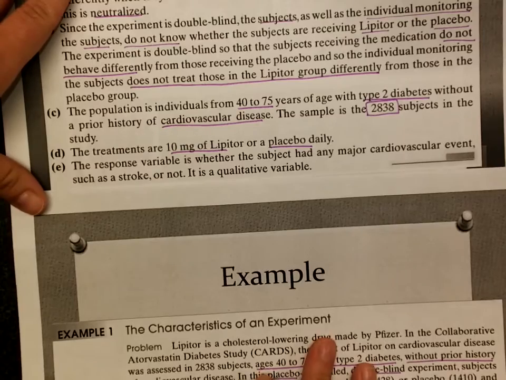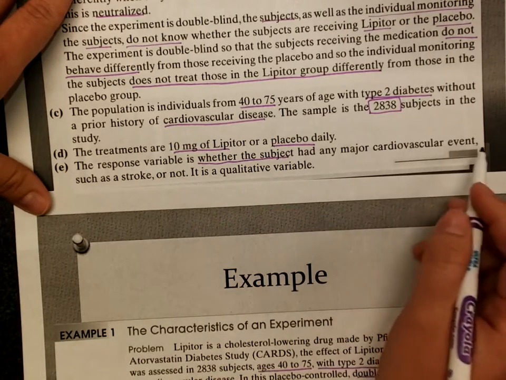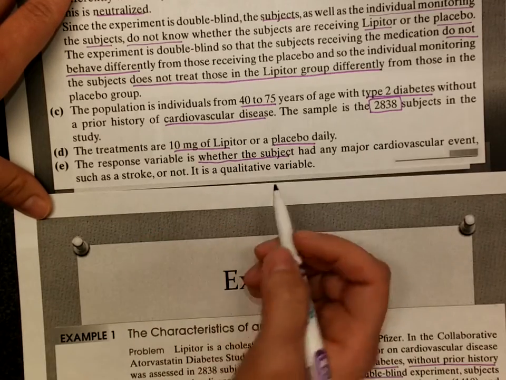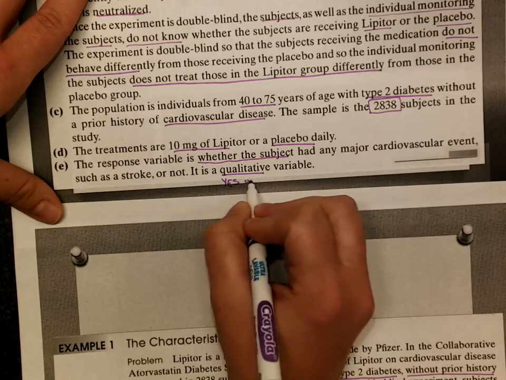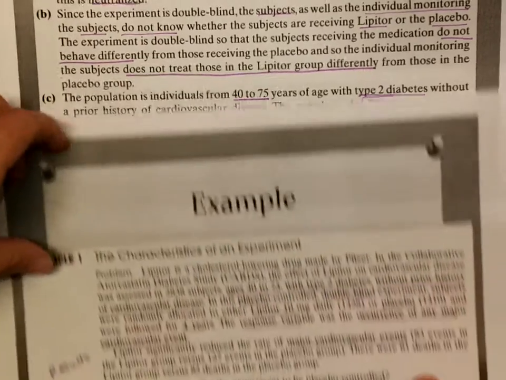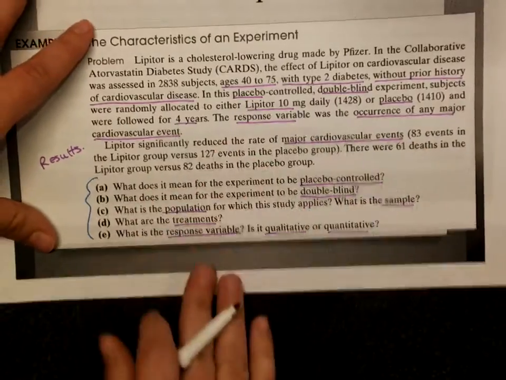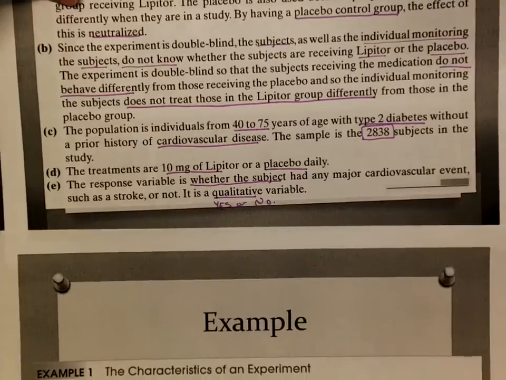And finally, the response variable is whether or not the subject had a cardiovascular event. So it's a yes or no question. So it's qualitative. It's yes or no. Hopefully that puts together these different vocabulary terms and how they relate to a specific situation.